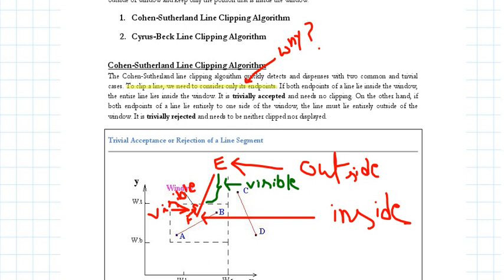Now you need to derive some mathematical or algorithmic solutions by which you can find which case will be applicable to the line in concern. And this is the idea behind Cohen Sutherland line clipping algorithm.